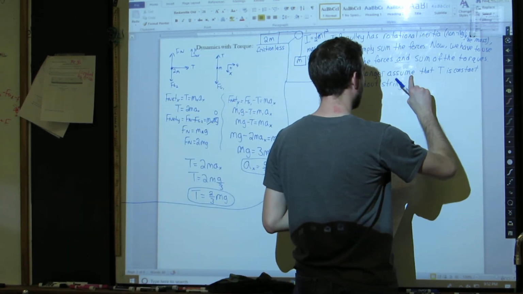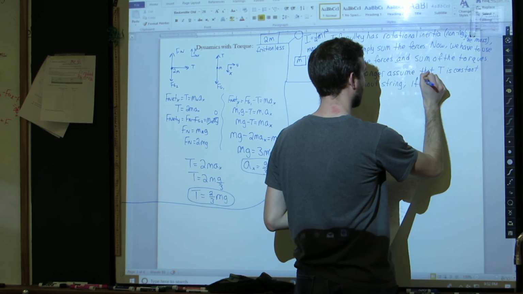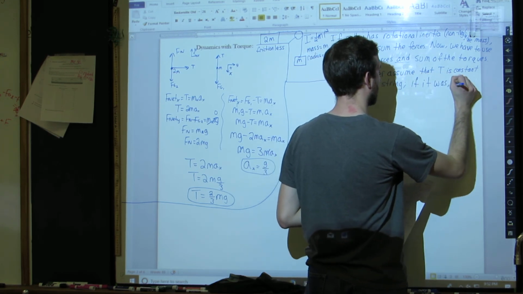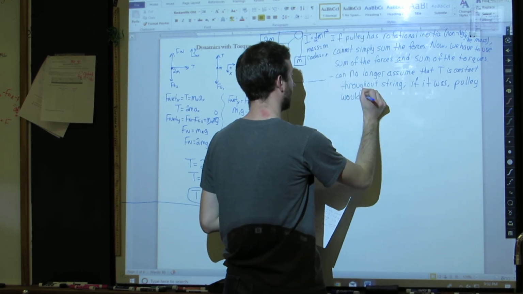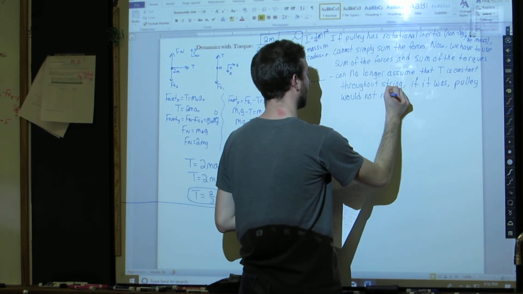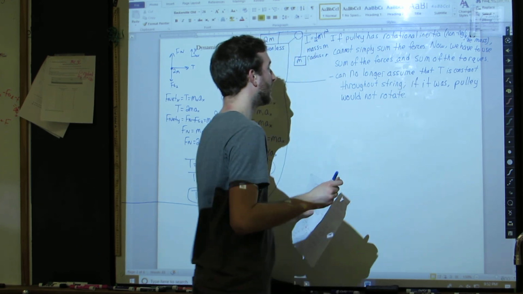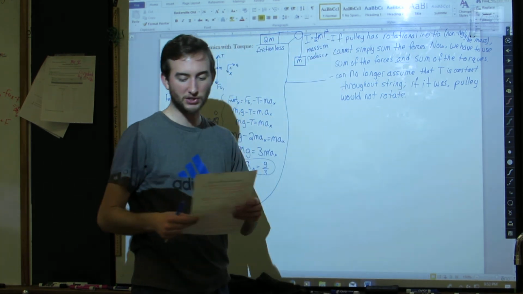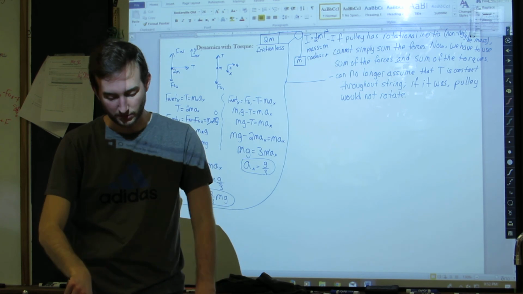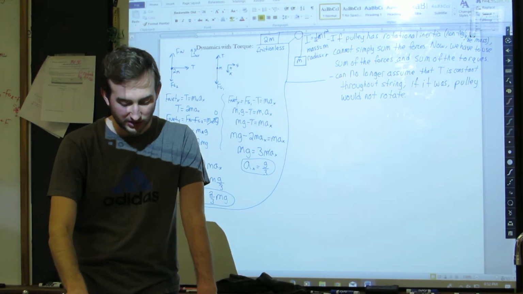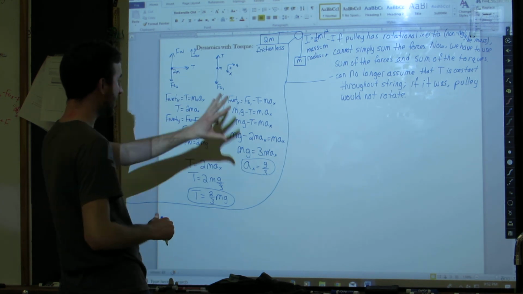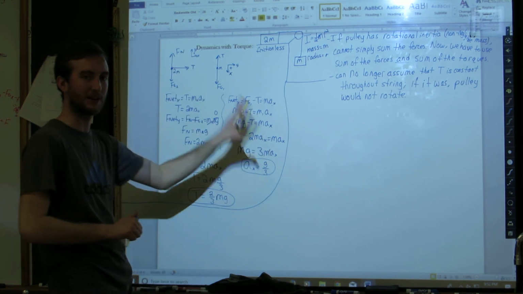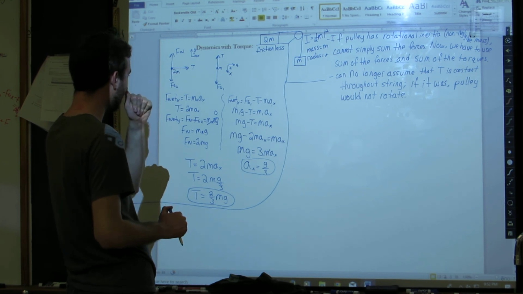The reason being, if it was, the pulley would not rotate. Okay? So we got some new assumptions we got to work with. Okay? Now it's time to do a little bit of math. The nice thing is that we kind of already have the free body diagram set up. We don't have to change the free body diagram.